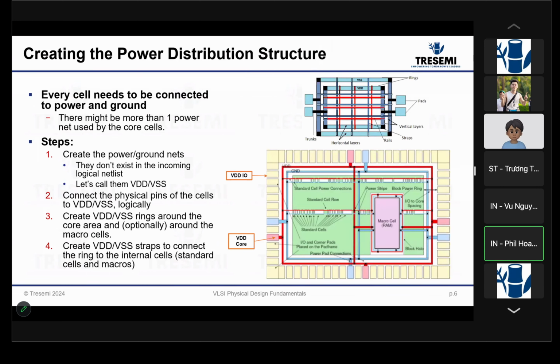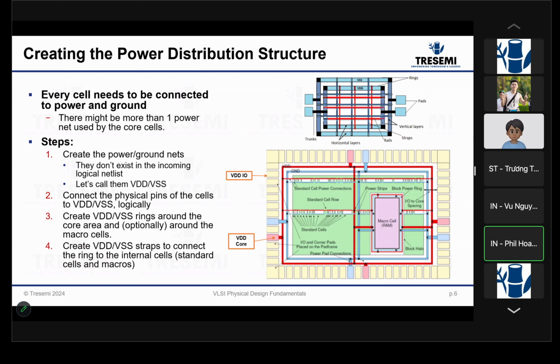Just some layout things here. Creating the power structure is called the power distribution structure. You have power from the pads, and you want to distribute the power to the standard cells and the macros. So what do you do? As a note, for simplicity, you're not going to see more than one voltage in the core in all the test cases you are playing with in the lab, but in reality, for an SoC, you sometimes have multiple VDDs and multiple grounds in the chip.